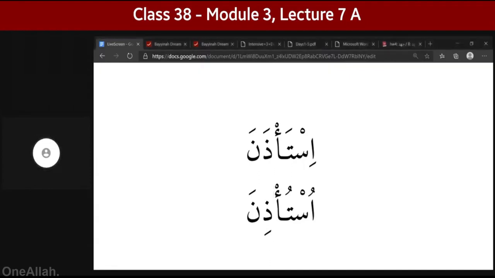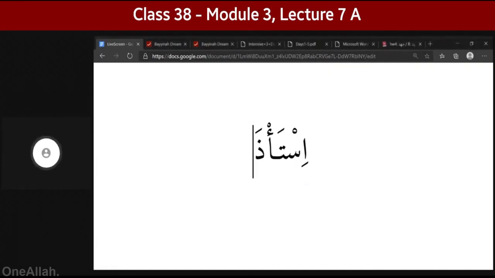Let's do a present tense to clear up any confusion. We'll do the present tense of istaghfara, which is yastaghfiru. For present tense, we're not doing as many u's as we can and then an e at the end.